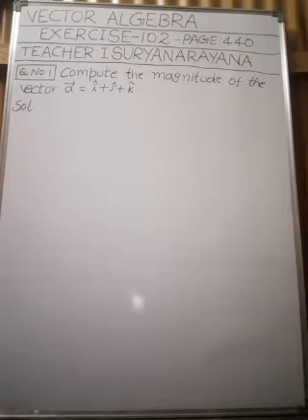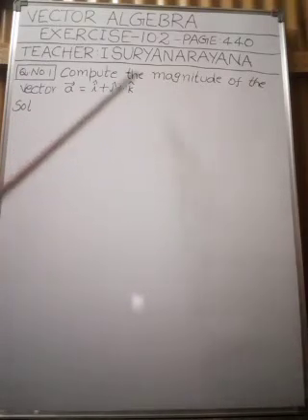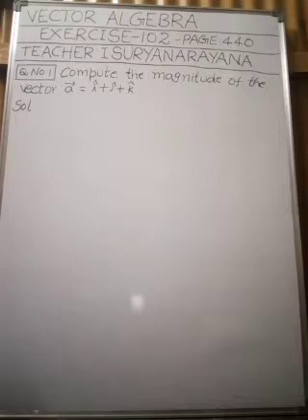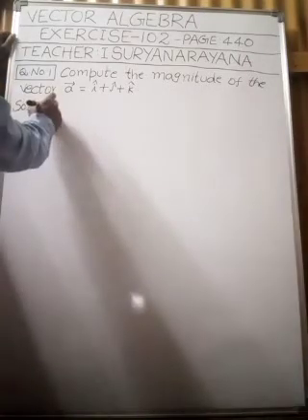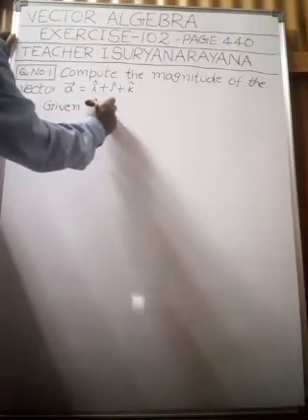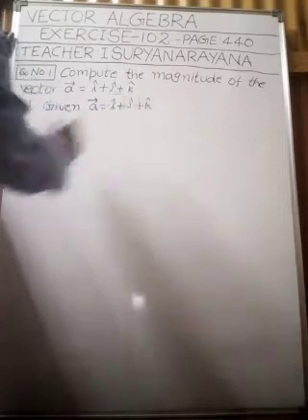Okay, my children. Right. So here we have to compute the length of this vector, the magnitude of this vector a bar. Do you remember the formula? If r bar is any vector, then the magnitude of r bar. Okay, my children. So given a bar is equal to i cap plus j cap plus k cap.